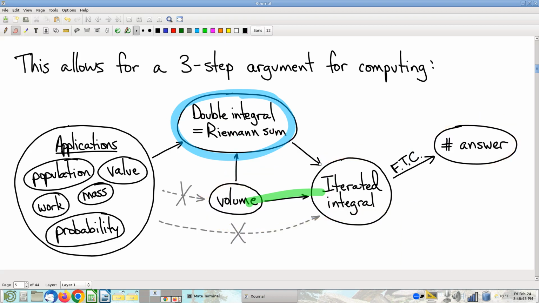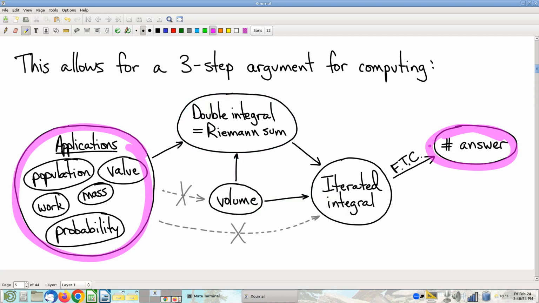You can look at this diagram as it stands here, and we can see the path that gets us from an application question that we're interested in to the numerical answer that we're hoping for. And the path is a 3-step path. Step 1, turn your application into a Riemann sum, aka double integral. Step 2, rewrite your double integral as an iterated integral.